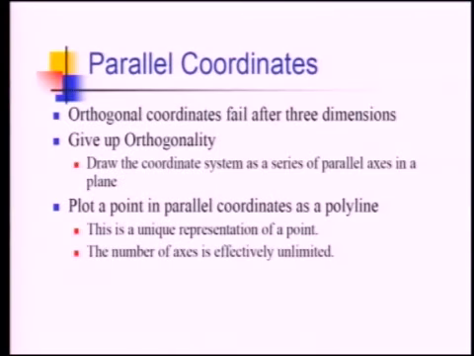The basic notion with parallel coordinates is that if you try and do a Cartesian plot, you basically fail after 3 dimensions, because we don't have, at least in this visible world, more than 3 orthogonal dimensions. So the fundamental idea is to give up the orthogonality and draw the coordinate system as a series of parallel axes which can be placed in a plane.